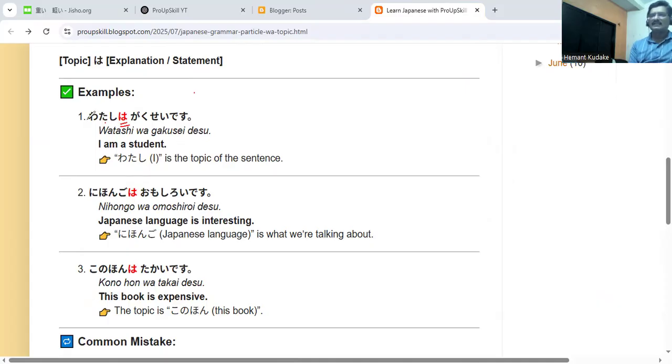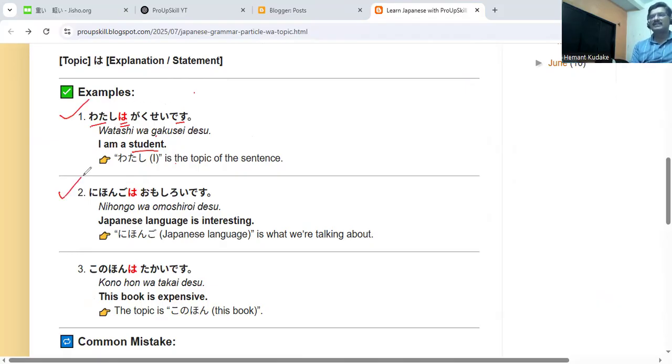Here I updated the Romaji as well as the English. Watashi is the topic of the sentence, that is I. Wa is a particle, the topic marker. Gakusei means student. Desu means am, is, are. So watashi wa gakusei desu means I am a student. This is the first example.